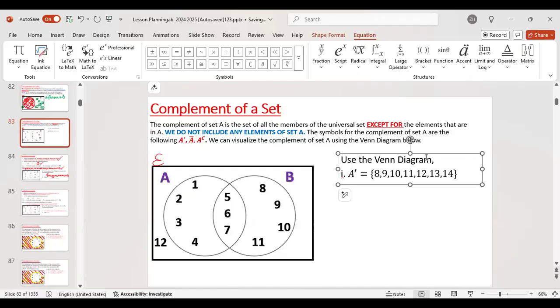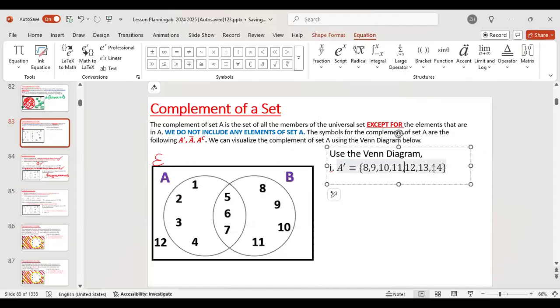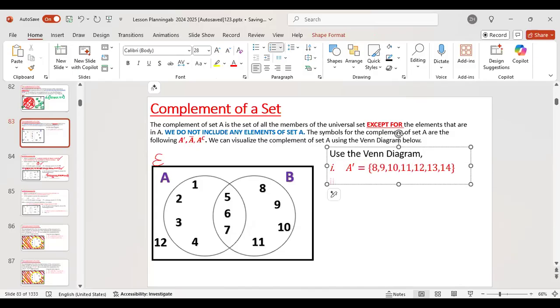Okay. So we have that in red. That is our A prime. The next thing that we also figured out was B prime, or B complement. It's the same notation.